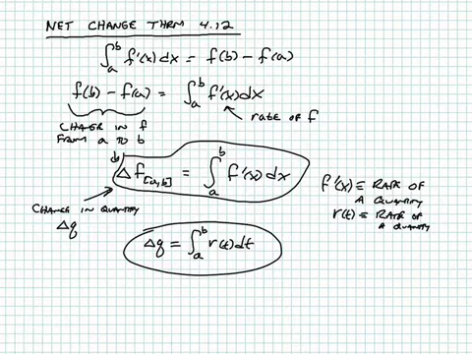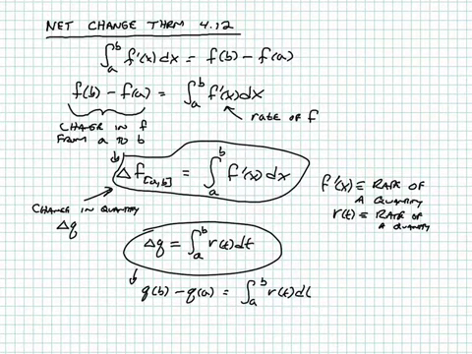And we can also deconstruct this. Remember that delta q would be q final minus q initial. And that's equal to the right-hand side, which is the definite integral of the rate from a to b dt.